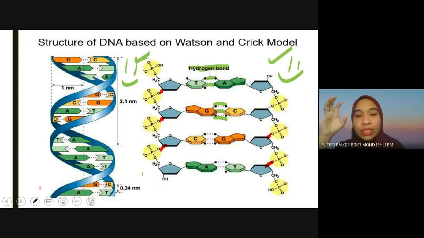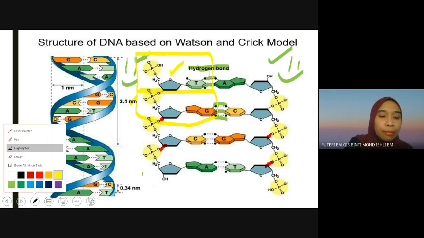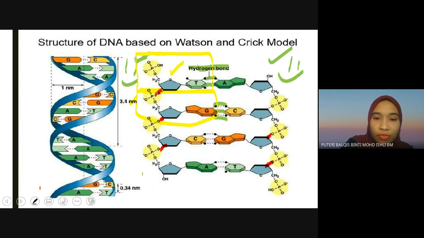Phosphodiester bond is the bond that connected between phosphate group and pentose sugar. So you can see that this is one nucleotide, this is the second nucleotide. So they are connected by phosphodiester bond.